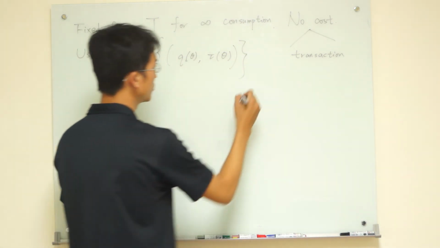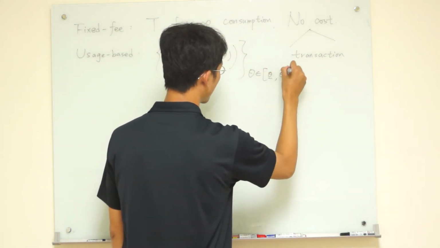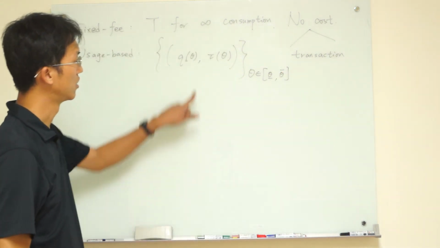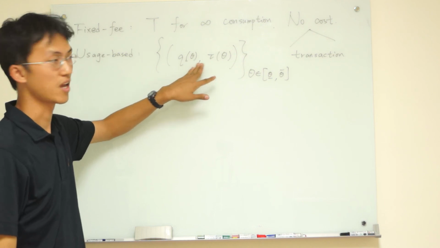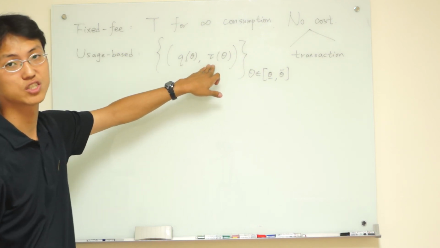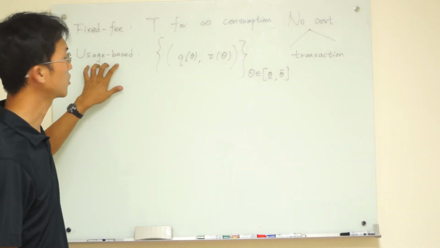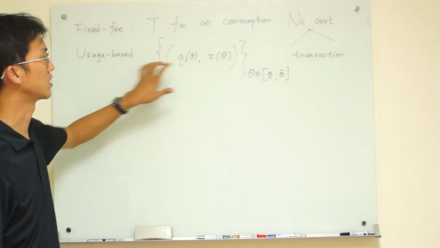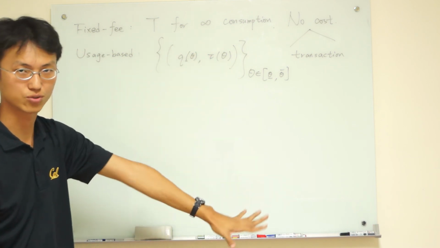For each theta between theta lower bar and theta upper bar, you need to provide them a quantity and a transfer. Here the transfer is denoted as tau. So when you want to use usage-based pricing, you are going to specify this menu of contracts to consumers.